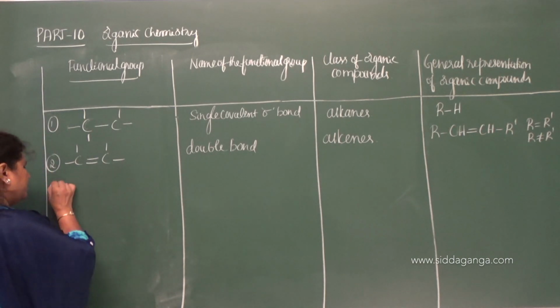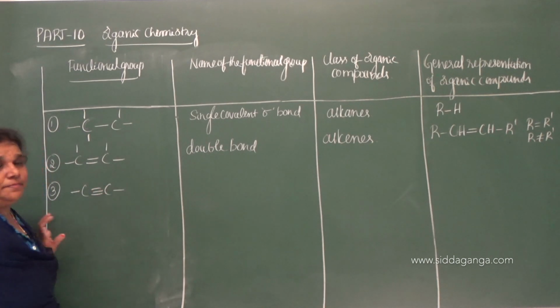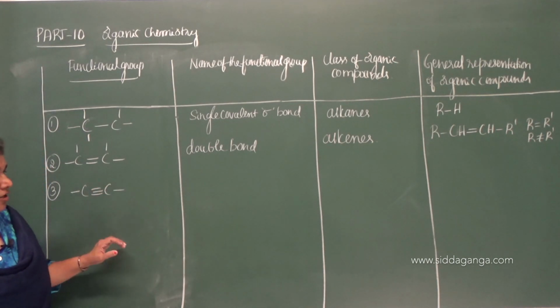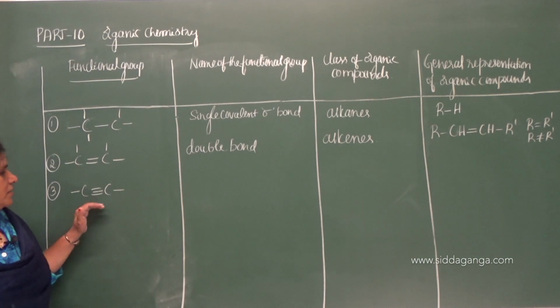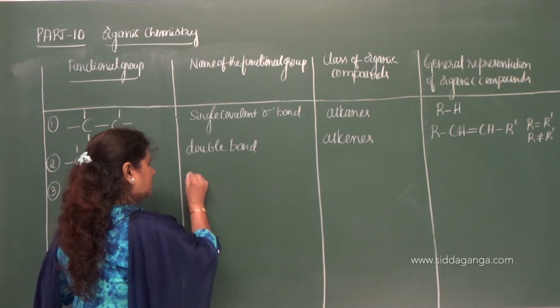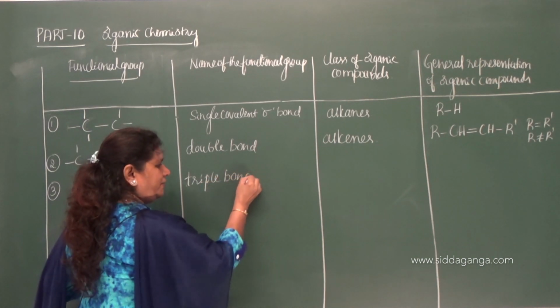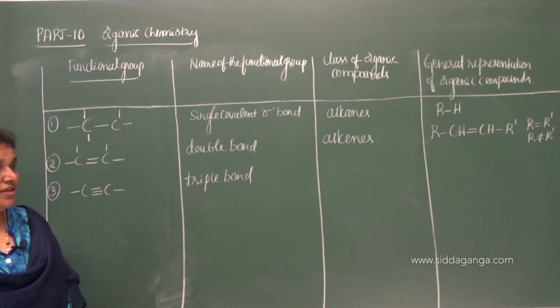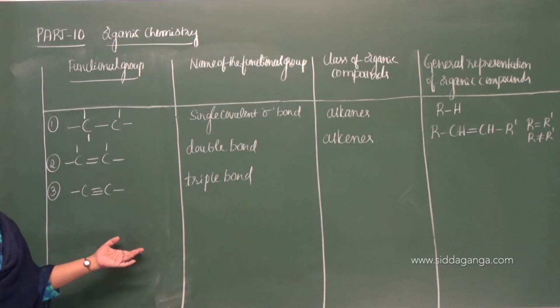And the third one, as I said, double bonds and triple bonds are also functional groups. They are considered as secondary functional groups. So C triple bond C, you know that it is a triple bond. If a triple bond is present between the carbon atoms, these become unsaturated compounds.